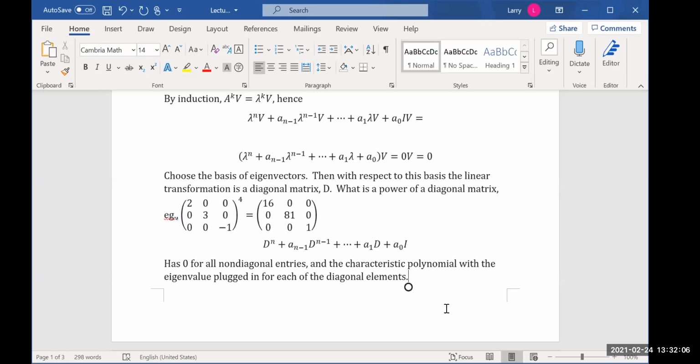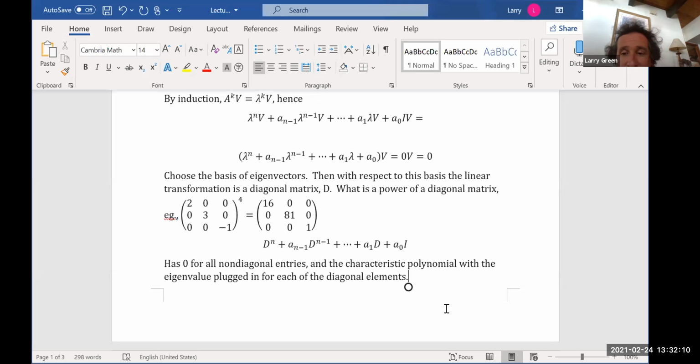It will be 0 as well, because a zero matrix times anything is always a zero matrix.